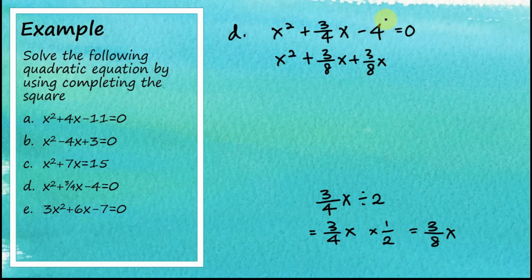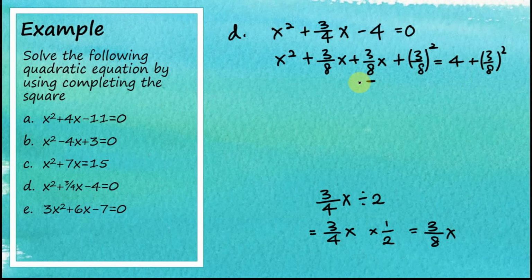Okay, and we shift this negative 4 to the right. It becomes 4. And then to complete the square, we need to add the square of this into the equation. So it becomes (3 over 8) squared, and (3 over 8) squared to the right to make it balance.